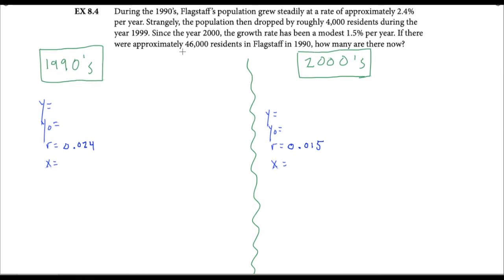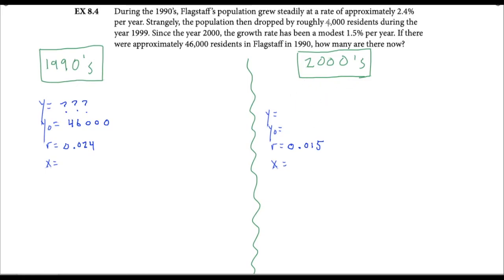Notice that this 46,000 is the number of residents in 1990, so I'll use that as my initial population value for the 1990s. And then thinking about the structure of the problem, if I can calculate the final value for the population in the 1990s, that will determine what the starting value is for the 2000s.